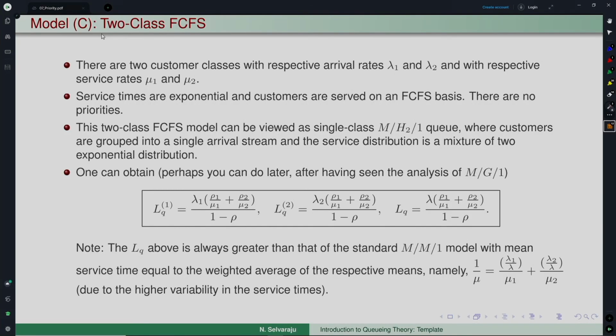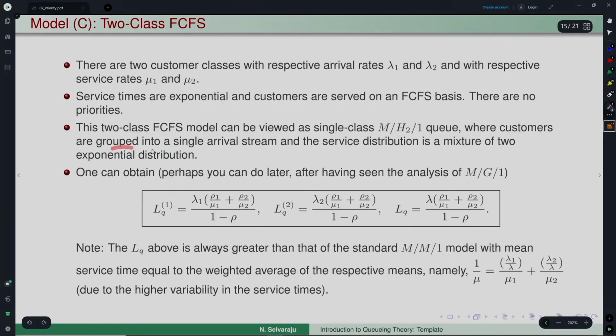Now, this two class model can be viewed in some sense as a single class M/H2/1 queue, because the arrivals are independent with rates lambda 1 and lambda 2. Suppose you merge them together, then you could consider it as an arrival from a single stream with rate lambda. Customers are grouped into a single arrival stream, and the service distribution is a mixture of two exponential distributions.